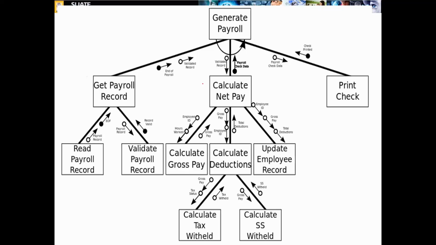Here you have a complex program and its structure chart, right? This is the structure chart for generating payroll. Here you see a number of modules. The whole program is divided into a number of modules. We divide a full program into a number of modules because then it's easy for us to understand.